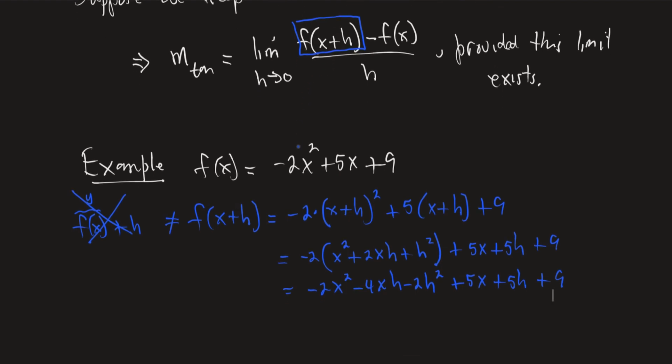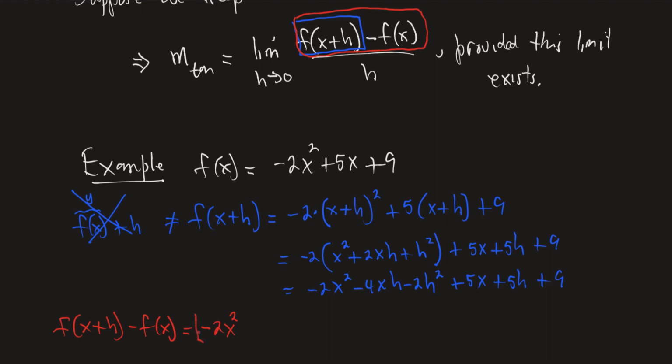So now let's do the entire numerator. Let's take what we just got and then subtract the original function. So then let's give ourselves some room here. So f of x plus h minus f of x. So all of this is f of x plus h.